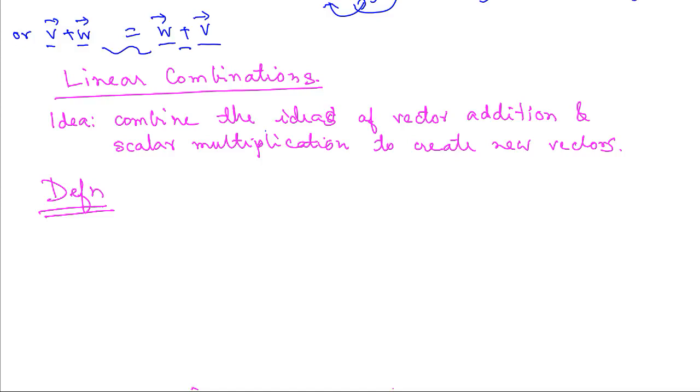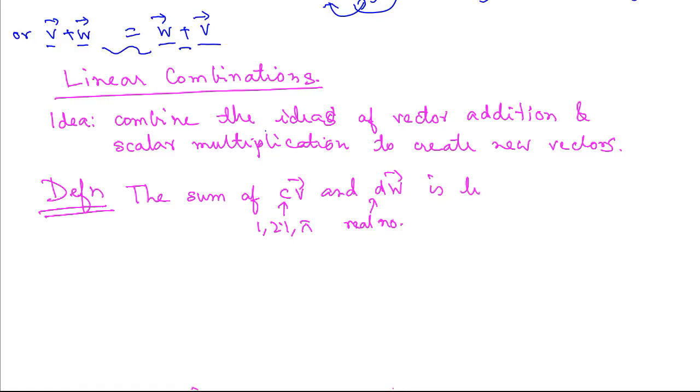So now we say the sum of two vectors, which you derive by multiplying with a scalar value, which is any number, 1, 2, 3, 1.5, 6, 2.1, any real number, c, and d w, where d is another similarly real number, is a linear combination, which is again a vector.